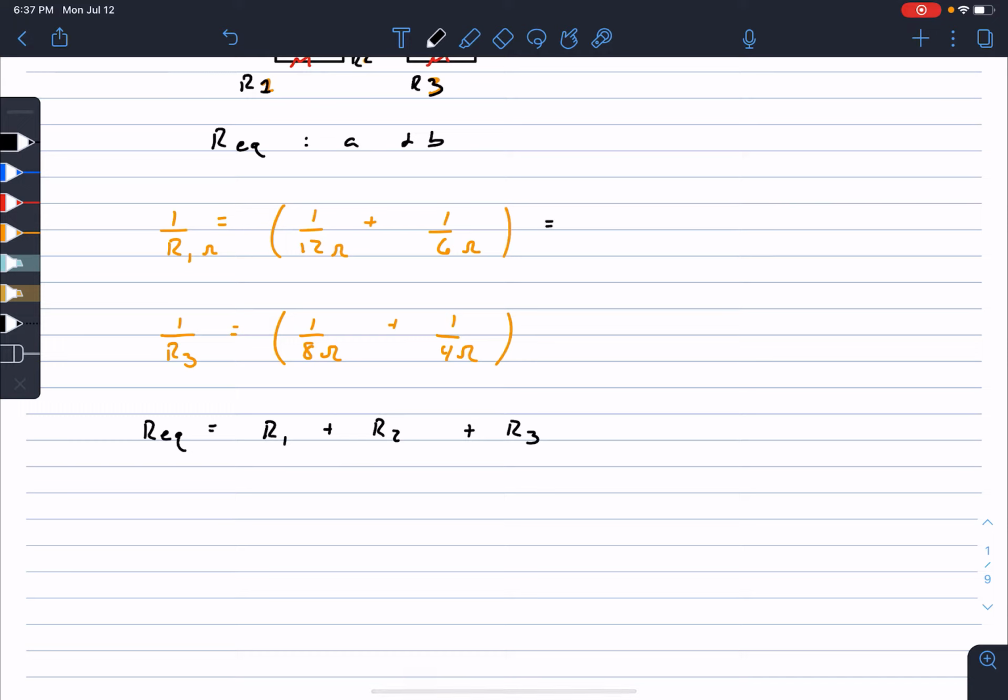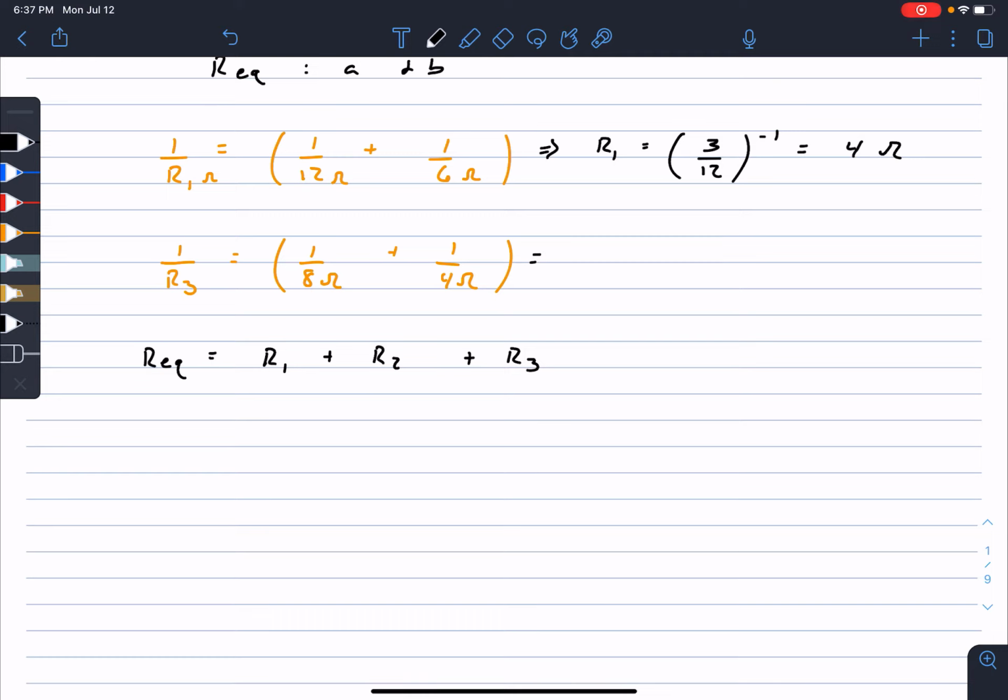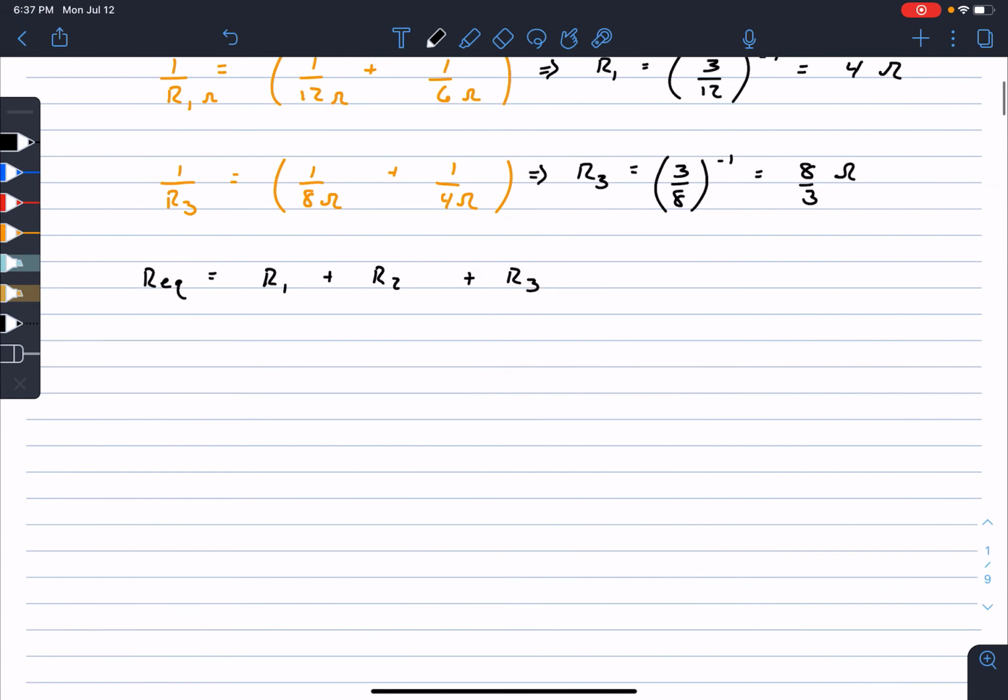So let's say this here is going to give us R1 equals, this is 2, that's 3 over 12, inverse is equal to 4 ohms, right? And this one here is going to be equal to 3 over 8. So it logically implies that R3 is going to be equal to 3 over 8 inverse, which is 8/3 ohms, right?